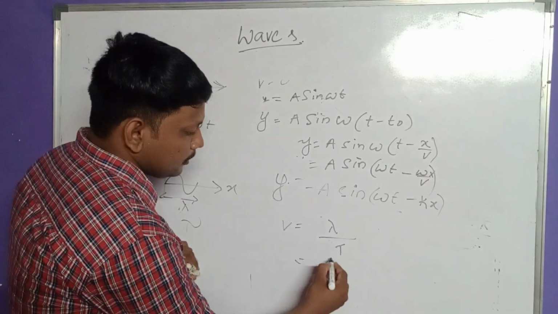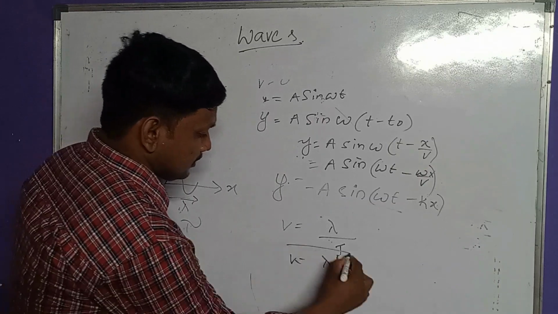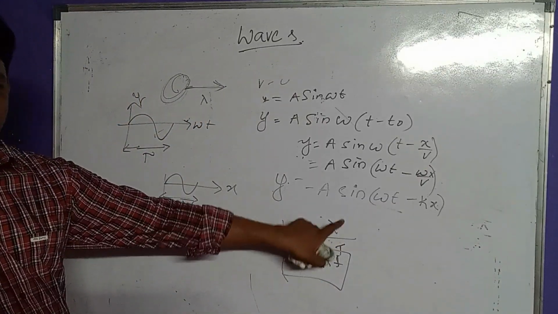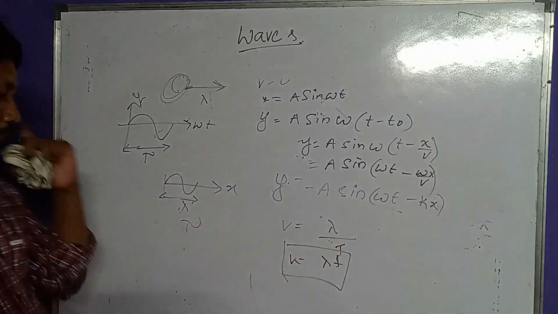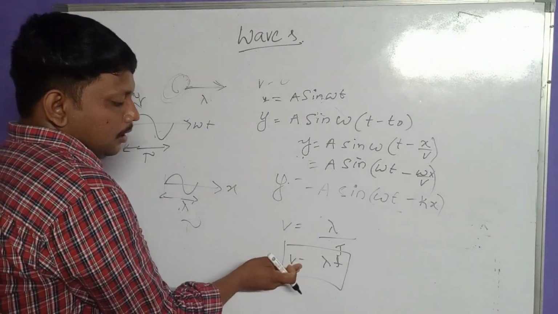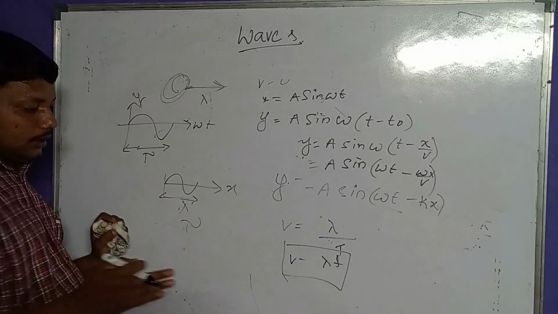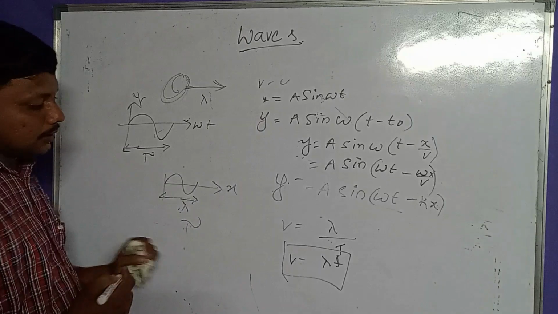This 1 by tau is equal to frequency. Velocity is equal to lambda into frequency. 1 by time period is frequency. Here this is the velocity of the wave, not the velocity of the particle. This is horizontal velocity.